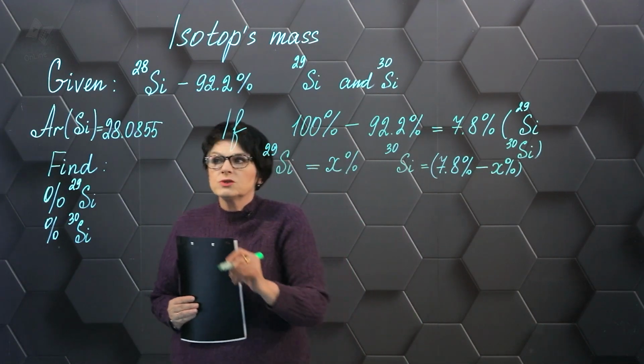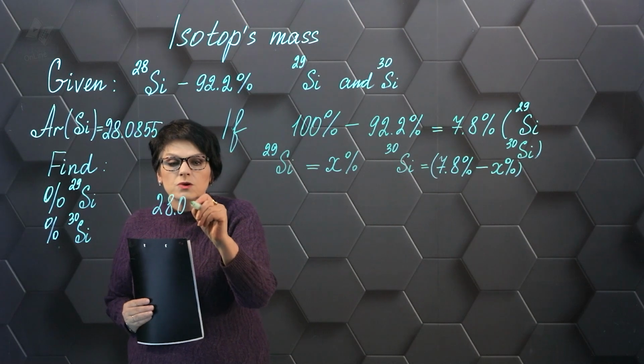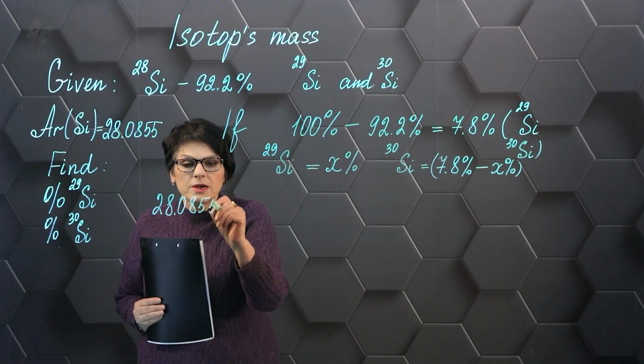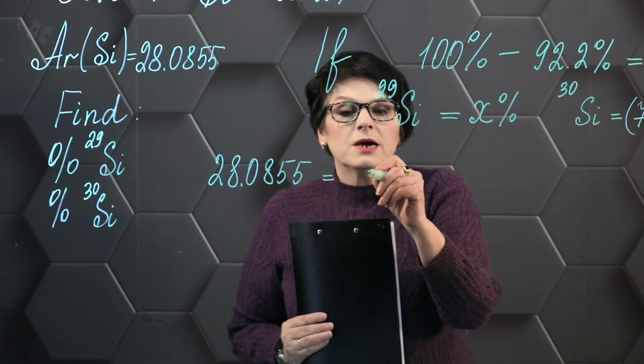Now we substitute these values into the total expression. The result is 28.0855. This signifies the relative atomic mass of all the silicon.